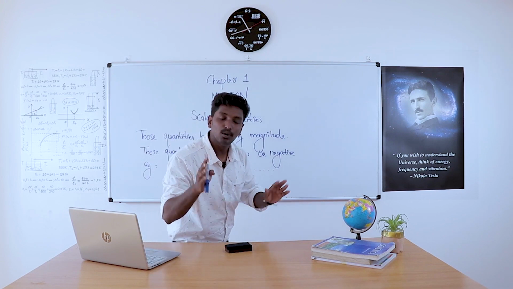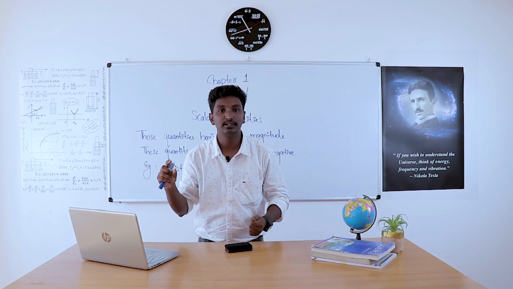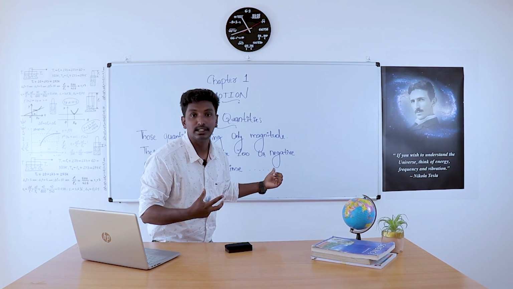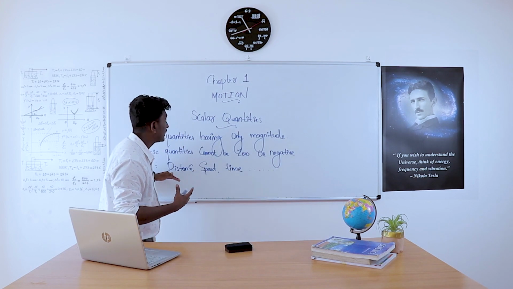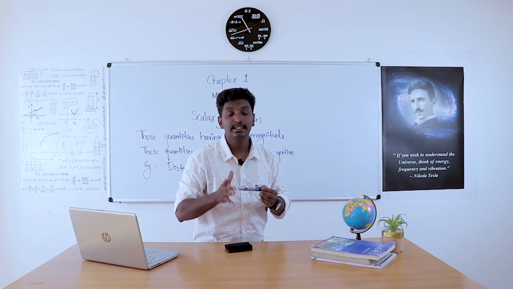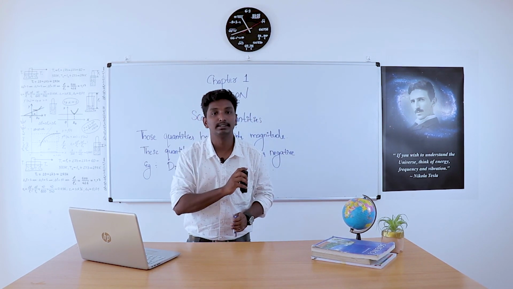Now the time. You all know that we are representing time only in positive values. We never take time as negative or zero values. Therefore, these all are examples of scalar quantities. Simply, we can say the quantities having only magnitude are called scalar quantities.